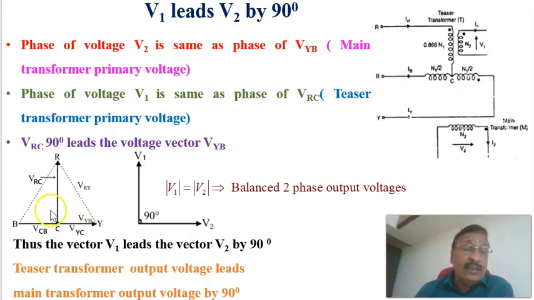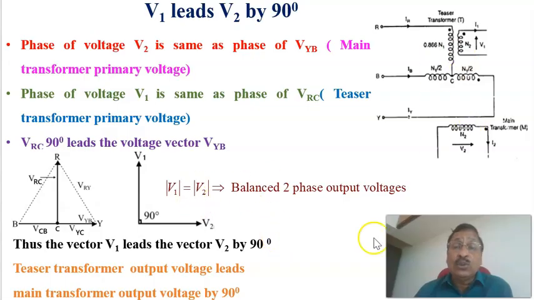In the triangle, we can see that VRC is at 90 degrees with respect to VYB. The voltage across this point is shifted by 90 degrees from the line voltage across the main winding, meaning that it is leading the main transformer secondary voltage by 90 degrees. Thus the vector V1 leads the vector V2 by 90 degrees.